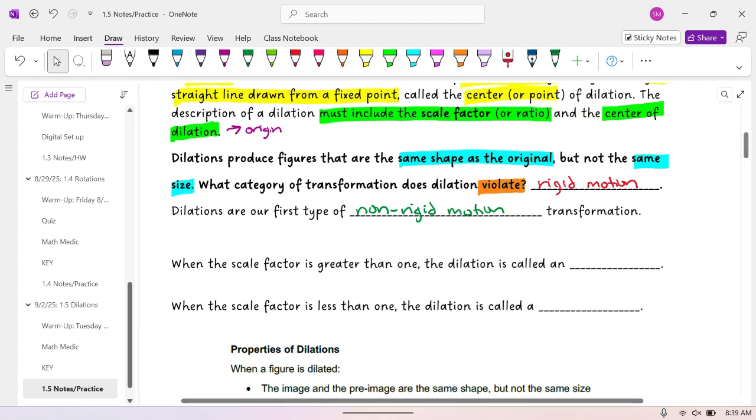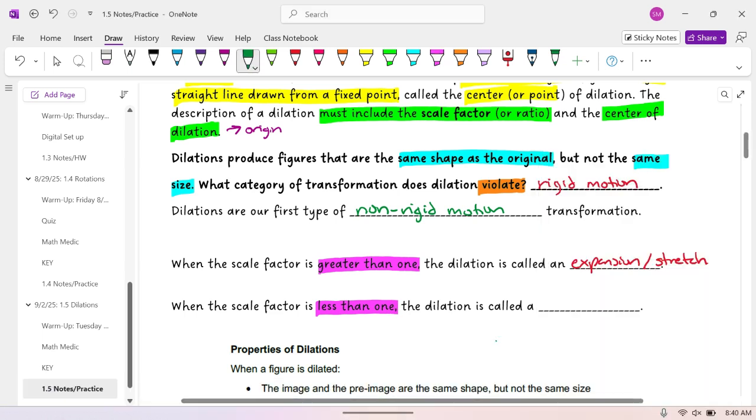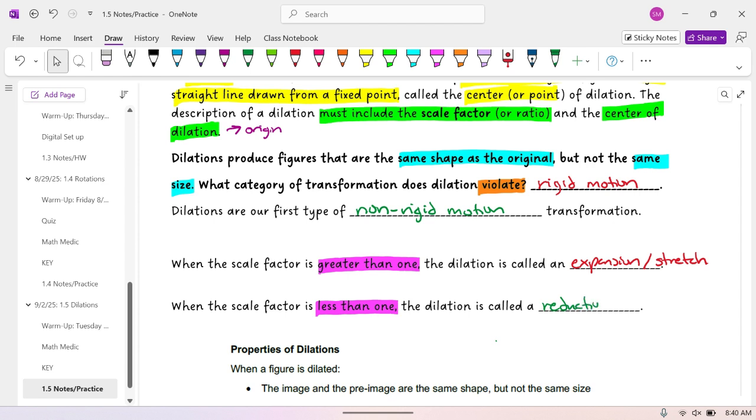All right. Now, if we're talking about a scale factor greater than 1, meaning we're multiplying by a whole number or even a fraction greater than 1, like 3/2, for example, we call that either an expansion or a stretch because we're stretching it out. Now, if it's a scale factor less than 1, we call it a reduction or compression.